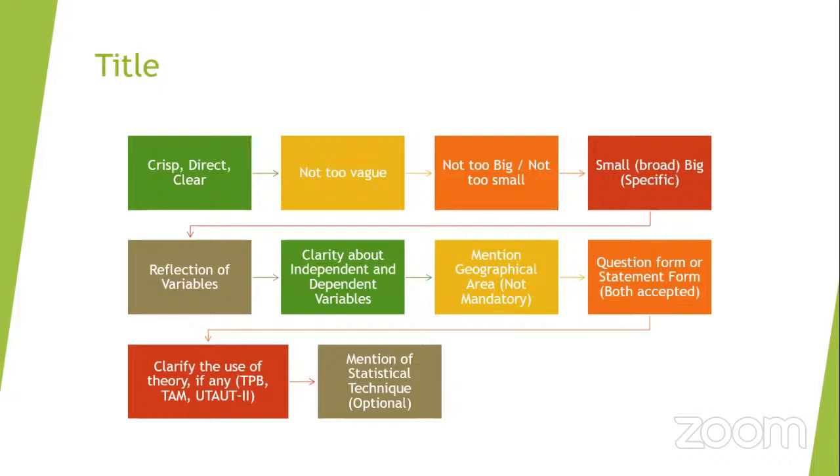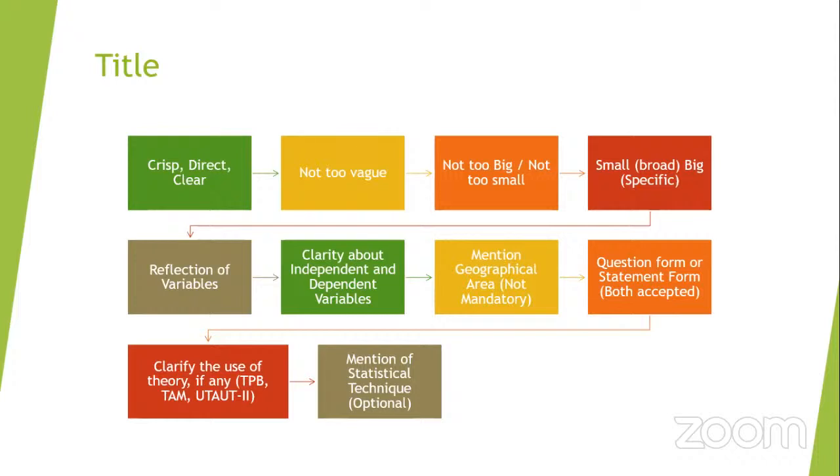Clarify the use of theory. If you're using any theory, you should put it into the title, like application of TPB, theory of planned behavior, technology acceptance model, unified theory of adoption of technology and all. Mention of statistical techniques: it is not mandatory, and sometimes people say that you should not mention.